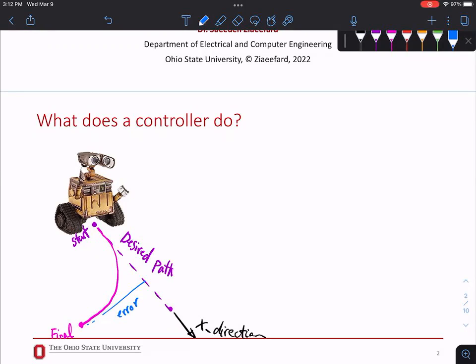So there are two problems here. This robot went on a curved path instead of a straight path, and it has a heading error. Instead of going straight at a 0-degree angle, it moved at a variable angle, which created that heading error that I showed in blue.